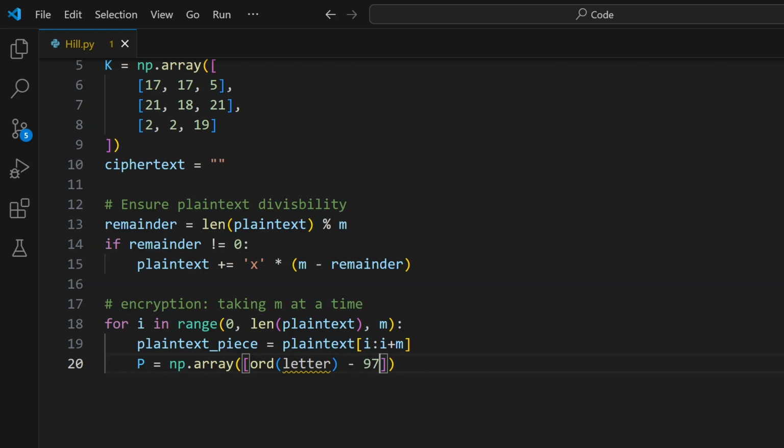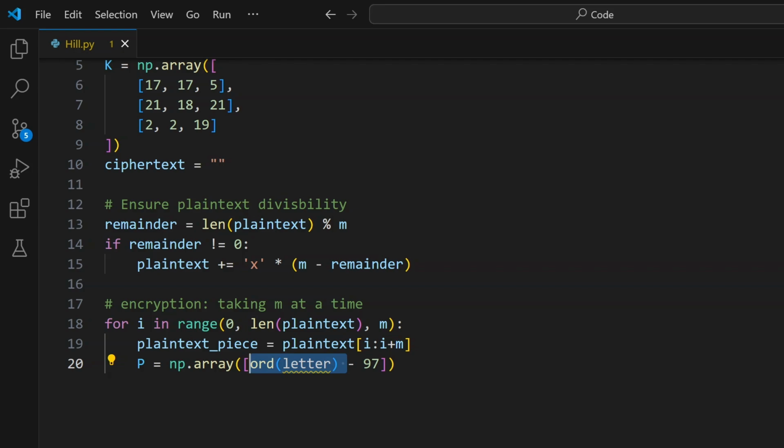If each of them subtracts 97, then we are scaling the ASCII numbers 97 and up to 0 and 25. So without this minus 97, this function will return 97, which is the ASCII value of small letter a. But we ultimately want our numbers to be between 0 and 25.